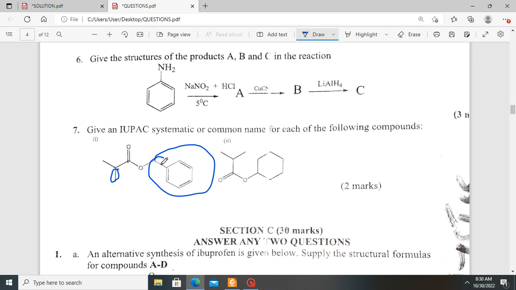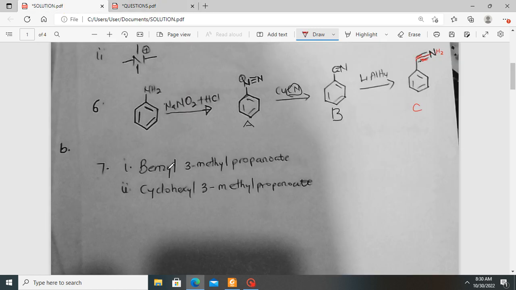Or it can also be named benzyl isobutanoate. The other one is cyclohexyl 2-methyl propanoate, or cyclohexyl isobutanoate. That is for question 7. I think there was a mistake here too.